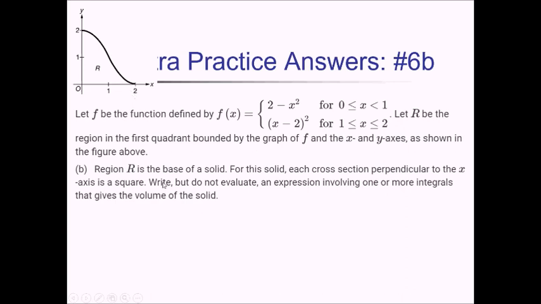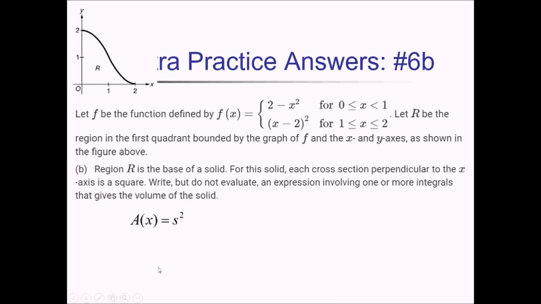So I'm going to have to split this up just like I did when I was finding the area of R. My general formula, since this is a square, is going to be A of x equals s squared. But now the thing I'm squaring is just going to be the distance from one end of the region R to the other, so from the x-axis to the function itself, which is to say the side of the square here is just going to be the function.